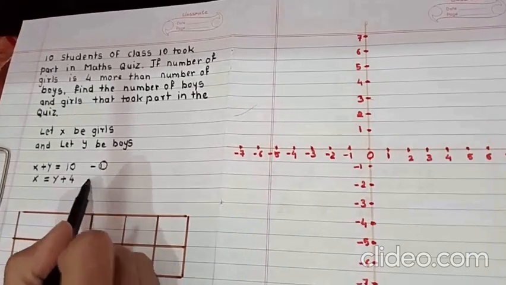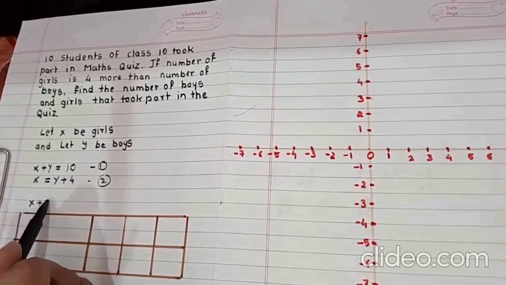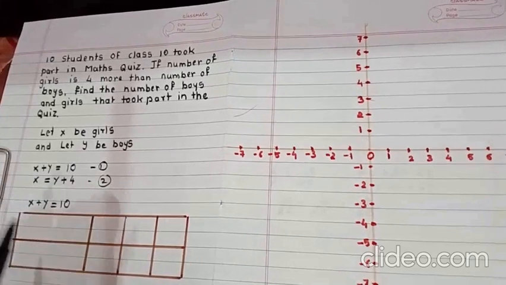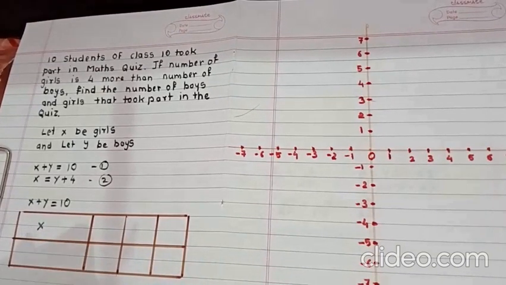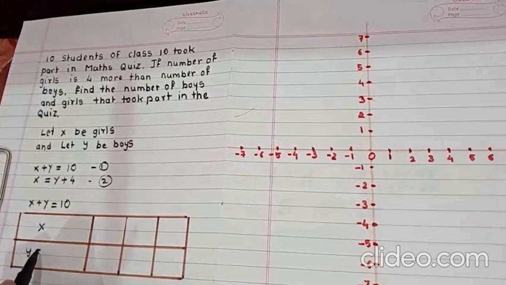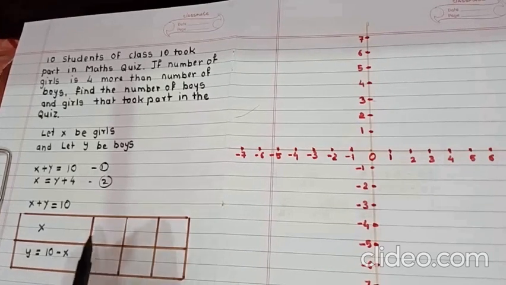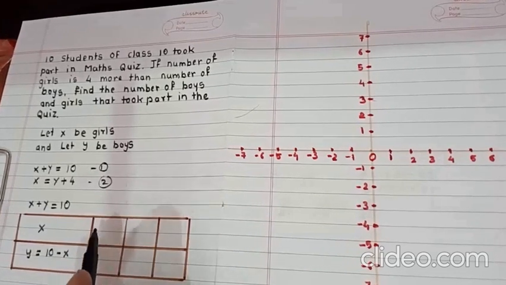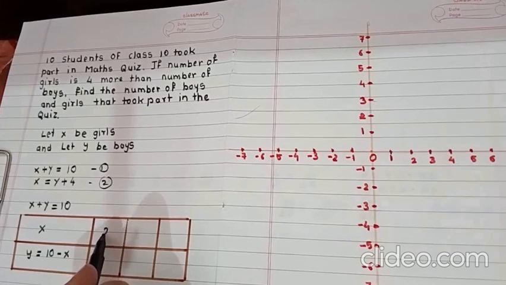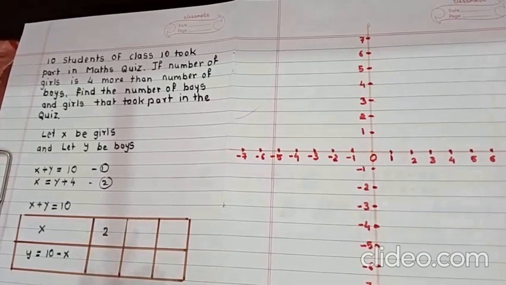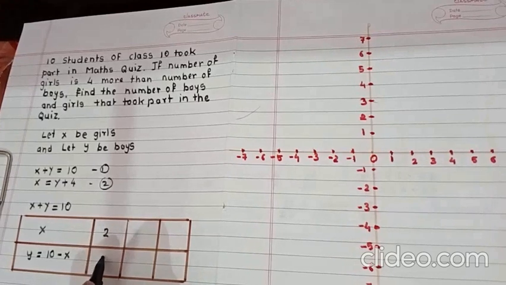So first and second, we'll take here first equation x plus y equal to 10. So our x first will represent and y will be 10 minus x. So if I take x as 2, then y will be 10 minus 2, that is 8.